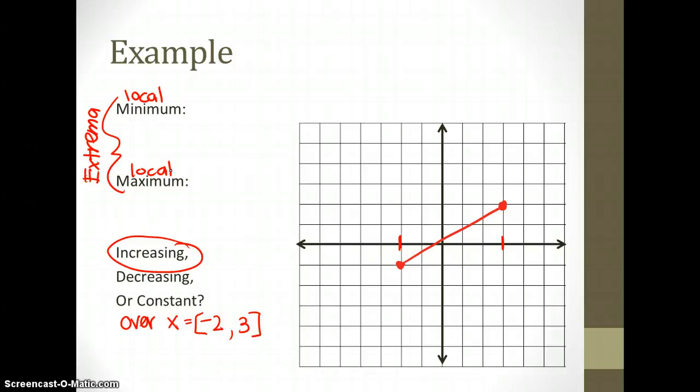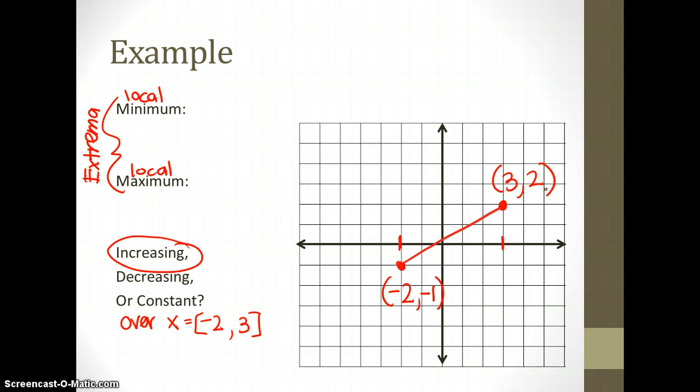So obviously on this graph, the minimum value is this point, -2, -1. The maximum value is this point, 3, 2.